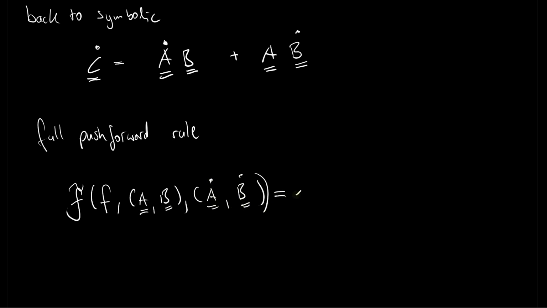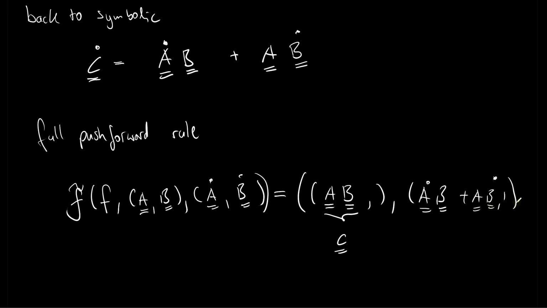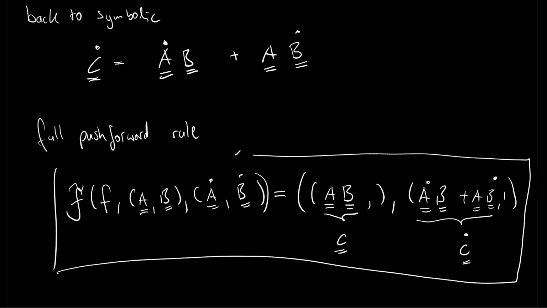The result shall be first the primal computation, which will be the original matrix product A times B, which results in the matrix C, and then we will have the tangent propagation, which will be according to what we derived here, so it will be A dot times B plus A times B dot, and that shall be it exactly. So this is then C dot. This is the push-forward rule for matrix-matrix multiplication. Again, look at the similarities between the scalar case and here in the tensor case.